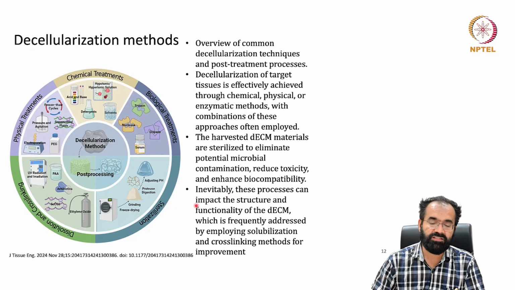Inevitably, these processes can impact the structure and functionality of the dECM, which is frequently addressed by employing solubilization and cross-linking methods for improvement. As you can see here, chemical treatments are given, biological treatments are given, sterilization is applied, dissociation and cross-linking is applied, and physical treatments are applied.